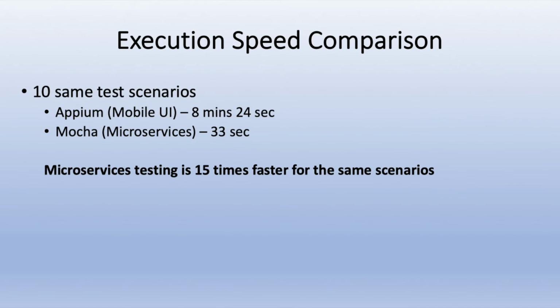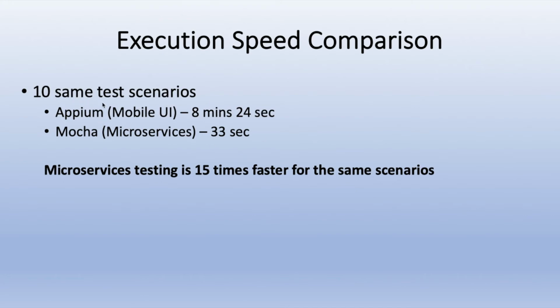So for the execution time, as you can see from the demo just now running the scripts, UI testing is significantly slower than testing of the microservices for the similar flow. Below here, I have a few test cases which I actually timed and compiled.